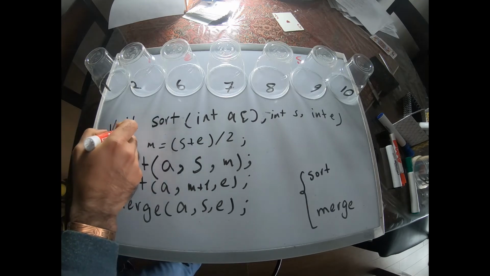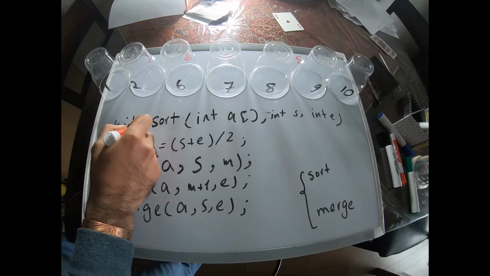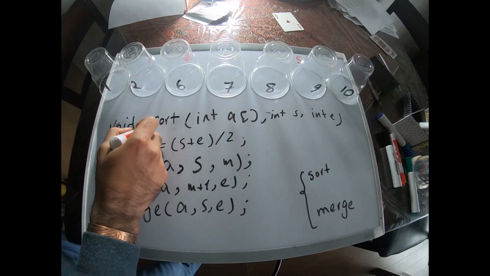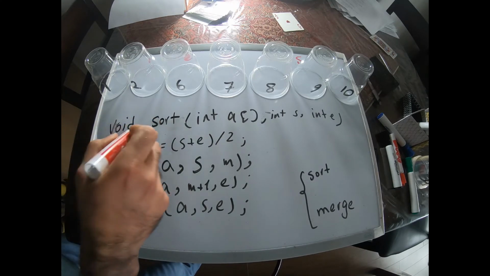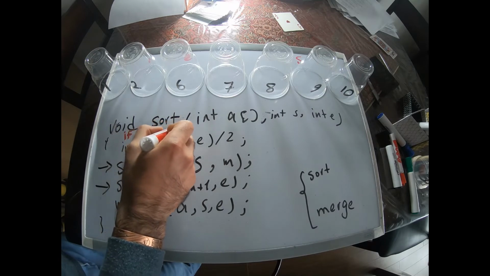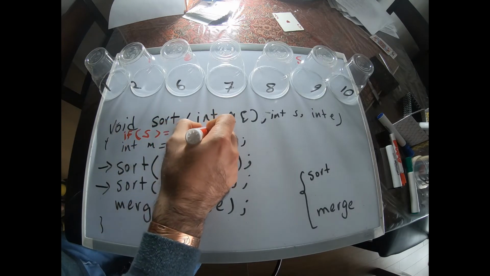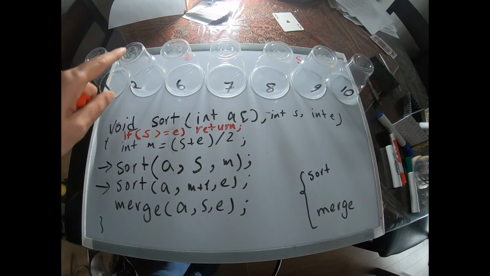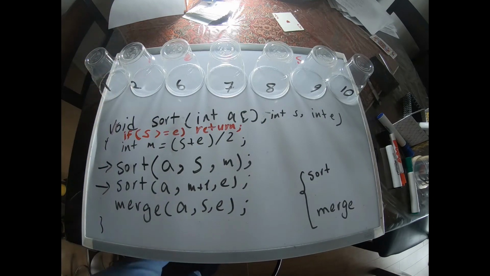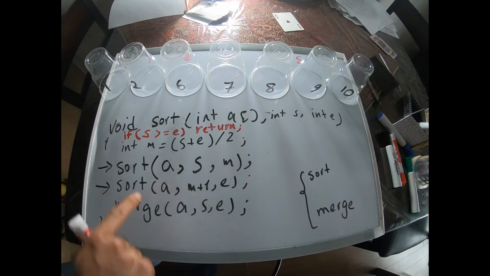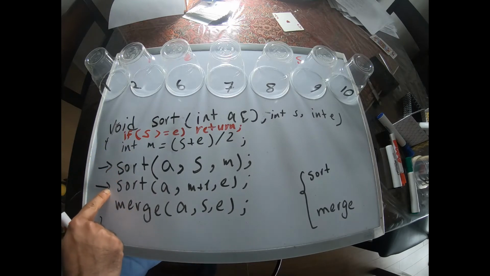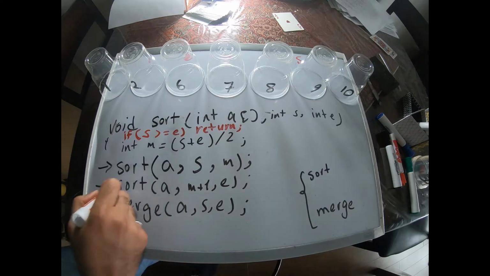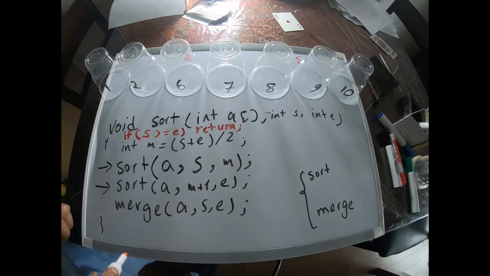So we basically make sure that if start is bigger than or equal to end, return. If we get to a point that our starting point and ending point are the same, it means that we only have one element in the array. That's it, right? We need to stop. Otherwise, you have 2 recursive calls, and this is merging 2 sorted subarrays.